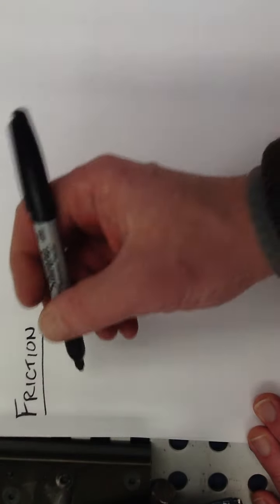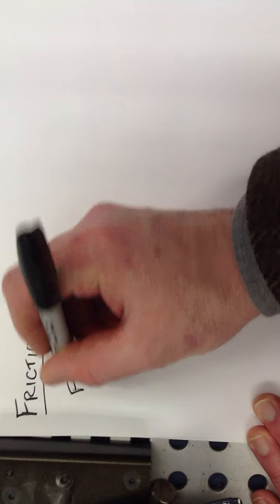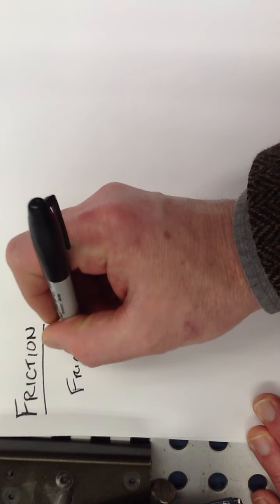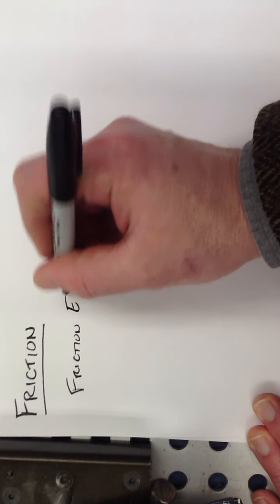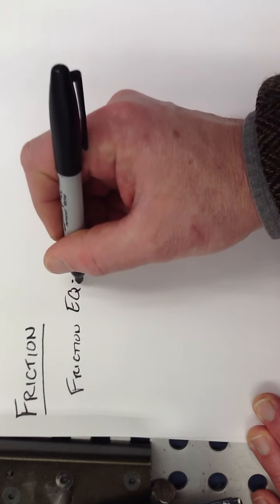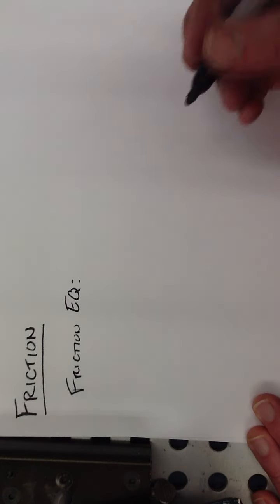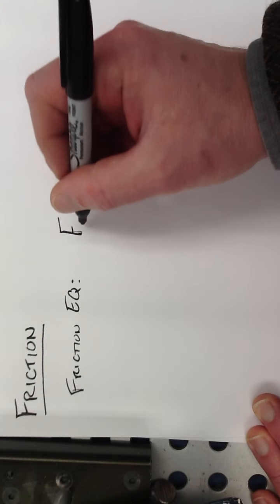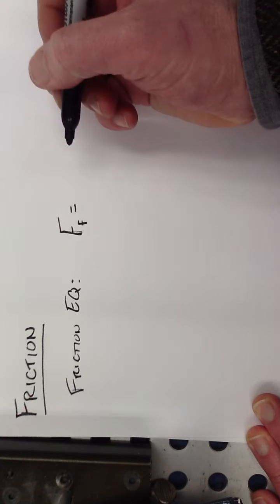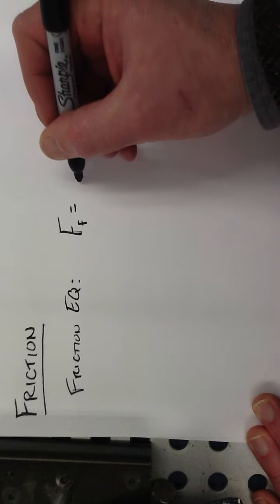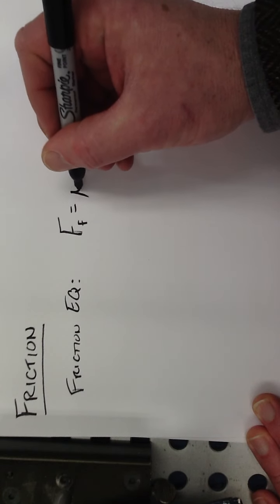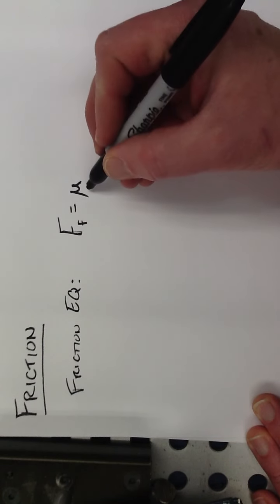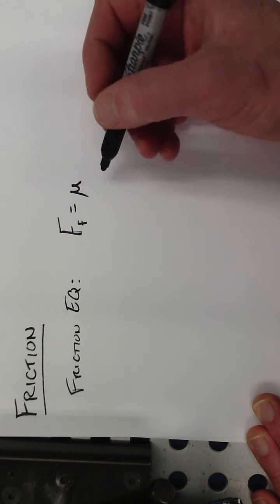So here is our friction equation. This is what you've been waiting for. The force of friction is equal to this, what we're going to call mu. That is a Greek lowercase mu.